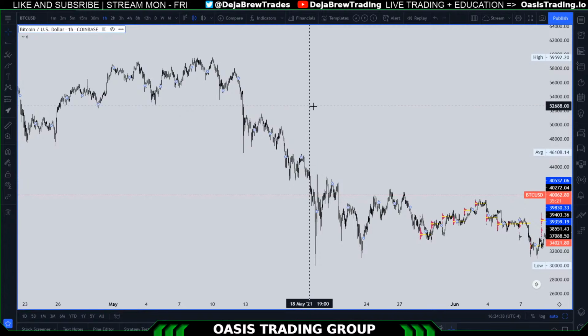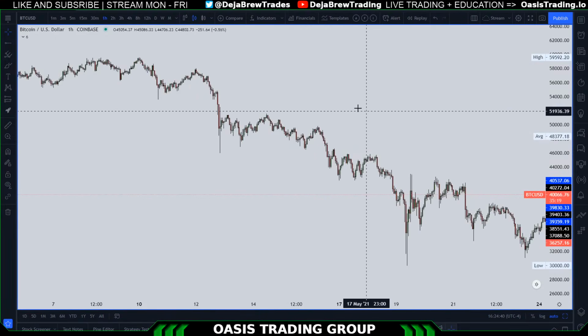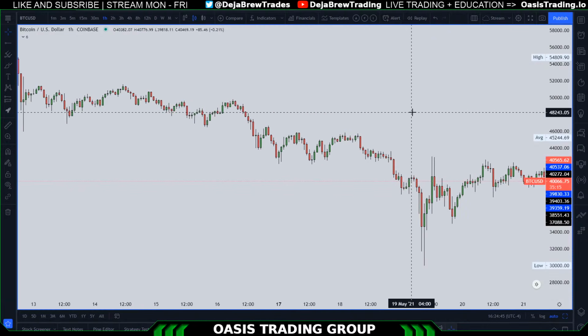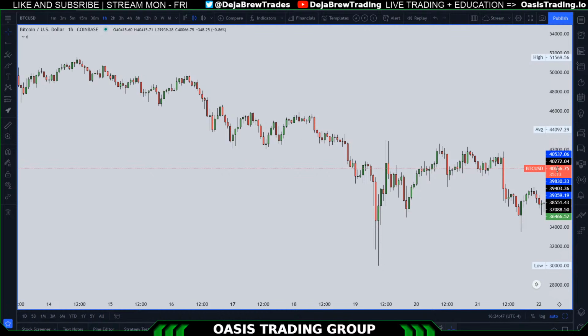I'm going to go back very far. Okay, here we go. Okay, so our current price is around 40,000, right? And if we break out of this area, we need to have some levels to target, right?